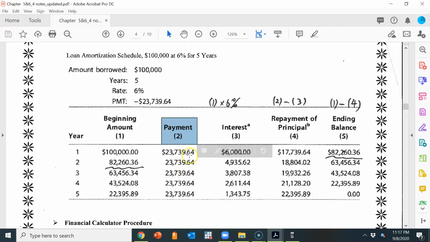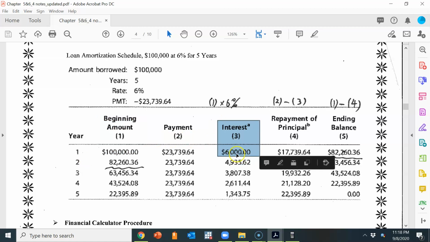We can just put in the same number, 23,000 here for the 5 years. And then in the first column we can put the beginning amount, 100,000, as the beginning amount in the first year. Then we go to the first row, the first year, in the third column, which is the interest we're paying for the first year. Do you still remember how we calculate this?